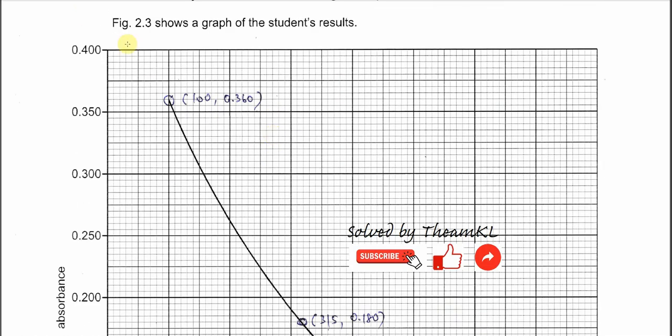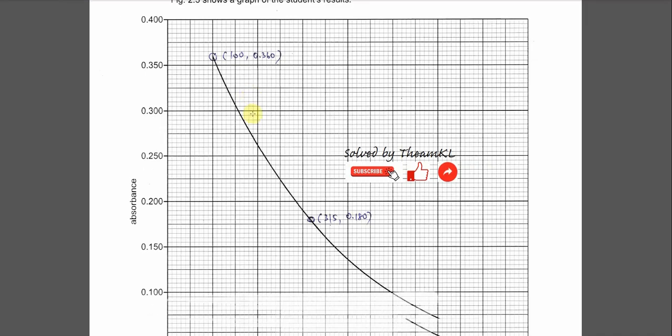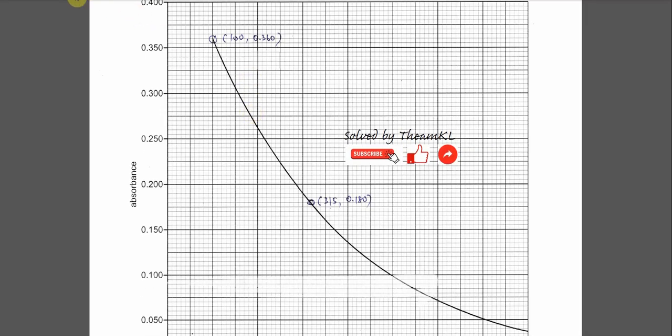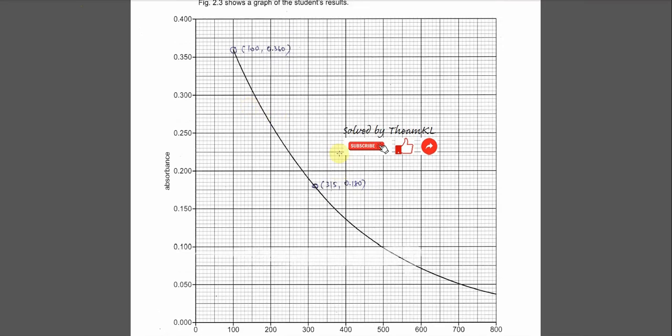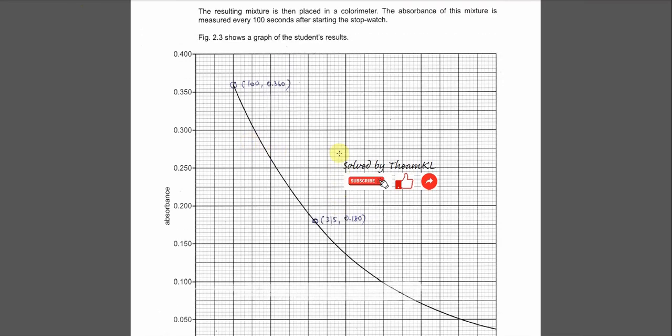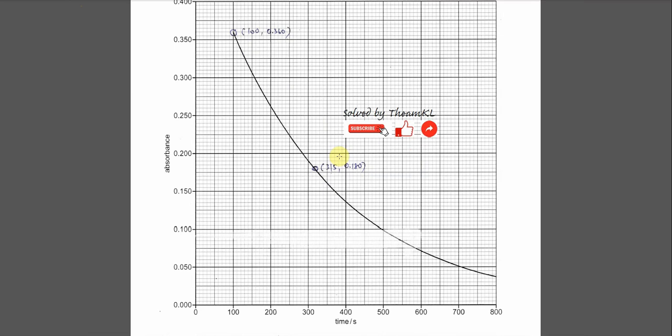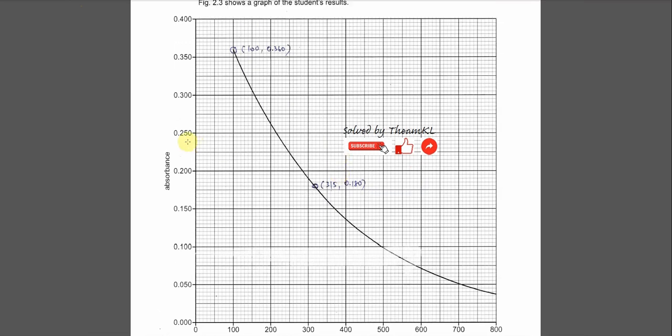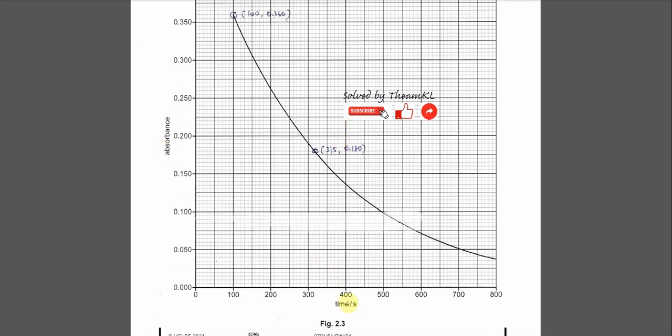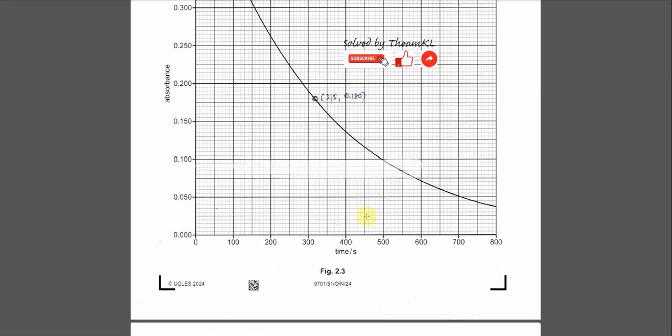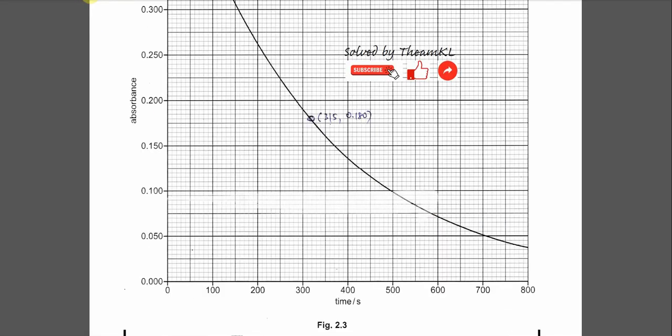The graph produced is already in the question. What you need to do is just choose the coordinates. This is the result, absorbance versus time, measured every 100 seconds, and this curve is produced. Now let's see what the question is.